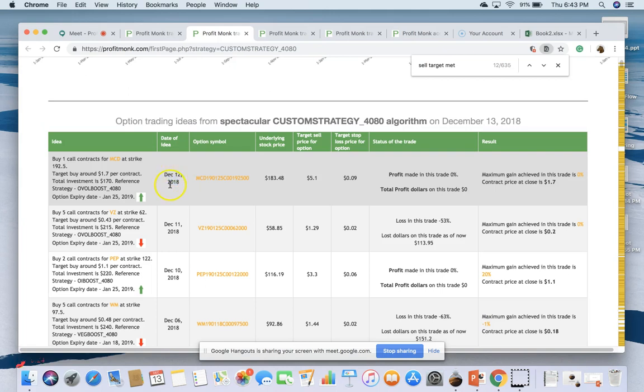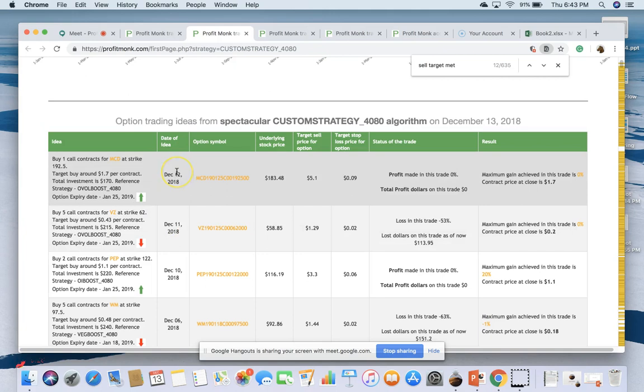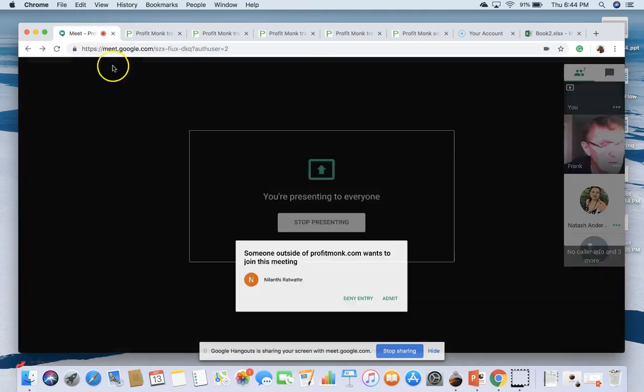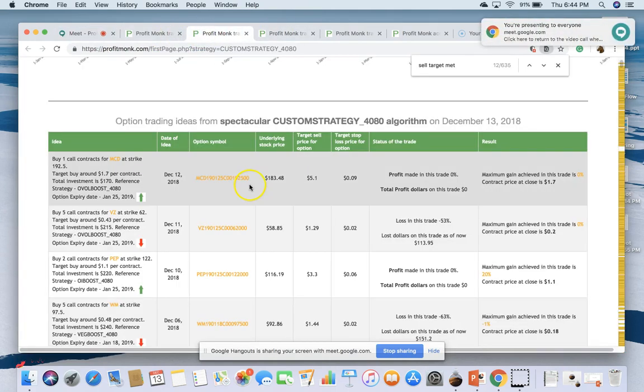So I didn't get this one today. That idea date was the evening before today, correct? Yes, that's correct. So for example, whatever comes up today will be December 13th, so that will be the evening of December 13th, and then you will try to make the trade on December 14th.